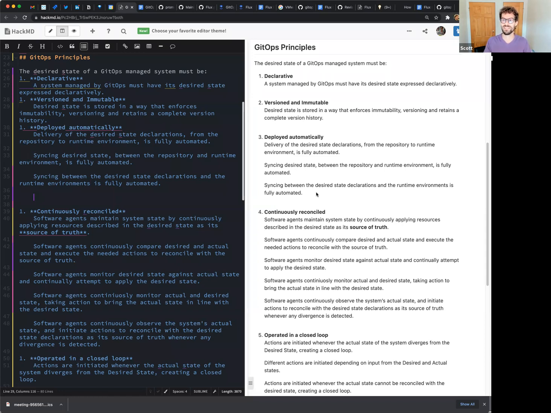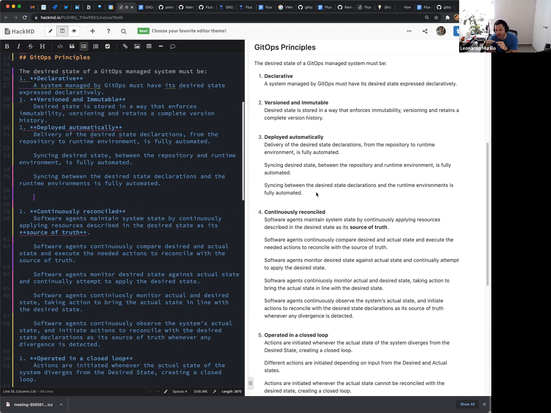Let me see if I understood what you just said. I have my repository where I have my declarations. What you're saying is, if I were to just make a copy of that repository, like download that repo as a zip file, put it somewhere else, and reconcile from that copy, that breaks the principle.